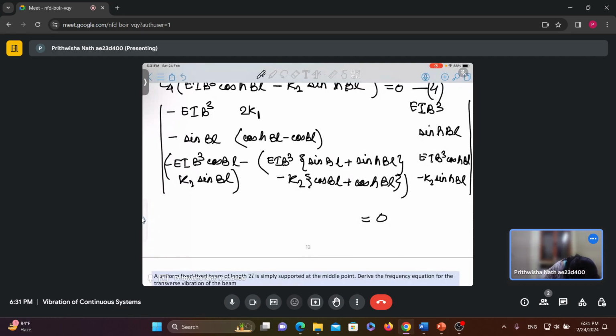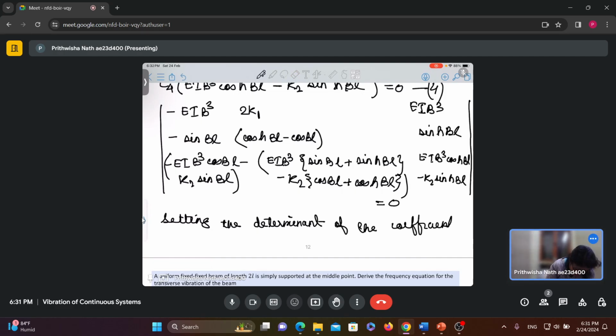So I can write this as setting the determinant of the coefficients of C2, C3 and C4 to 0, we get the frequency equation.